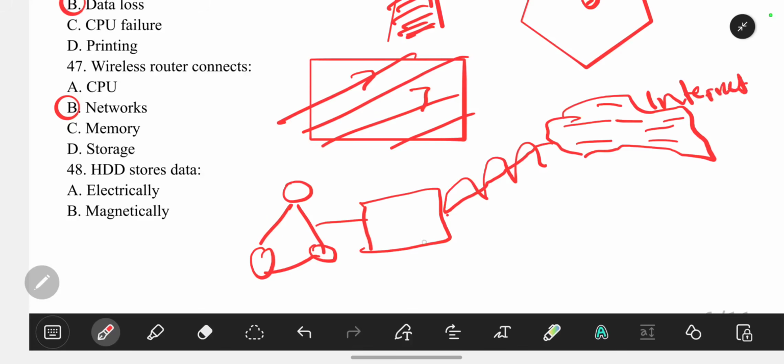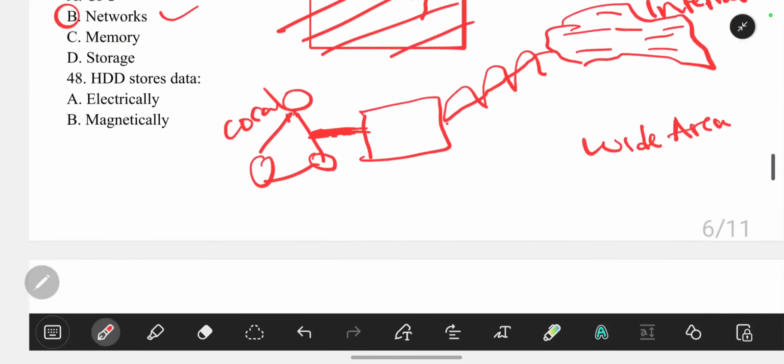That means for these computers in a local area network to get information from the internet, they need a router. So the router will be able to connect networks, the local area network with a network such as the wide area network.